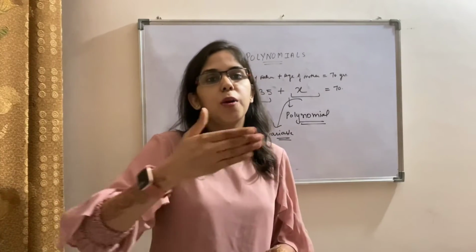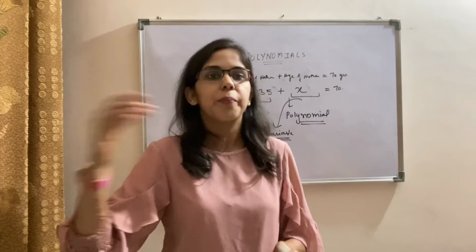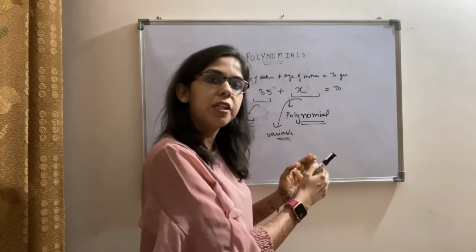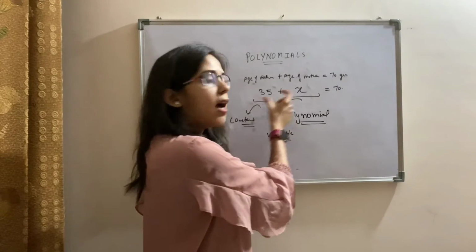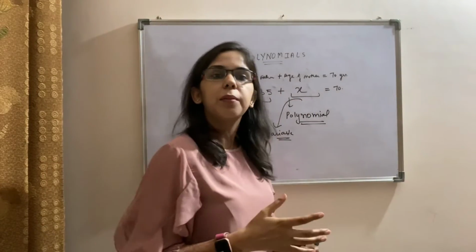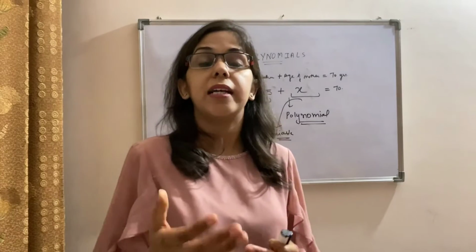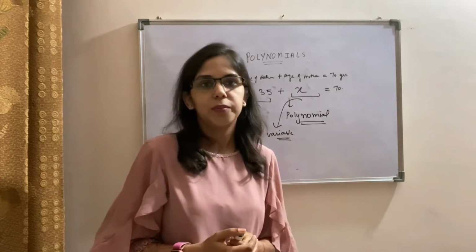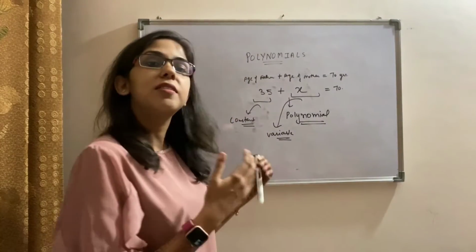That means now your performance is varying. So when a mathematical statement is a combination of a constant and a variable, then that mathematical statement, or algebraic expression, is called a polynomial. Now I think it's clear to us.